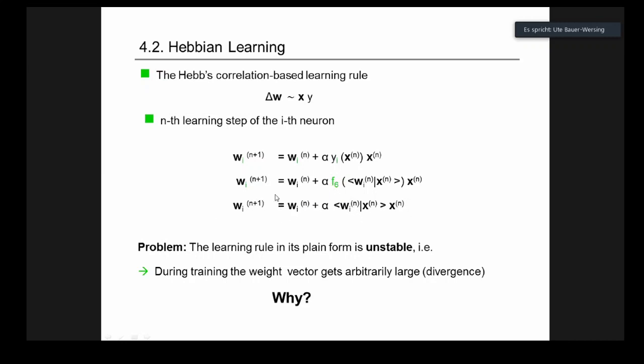So the new weight vector is equal to the old vector plus the learning rate times the inner product of the weight vector and the input, times the input.